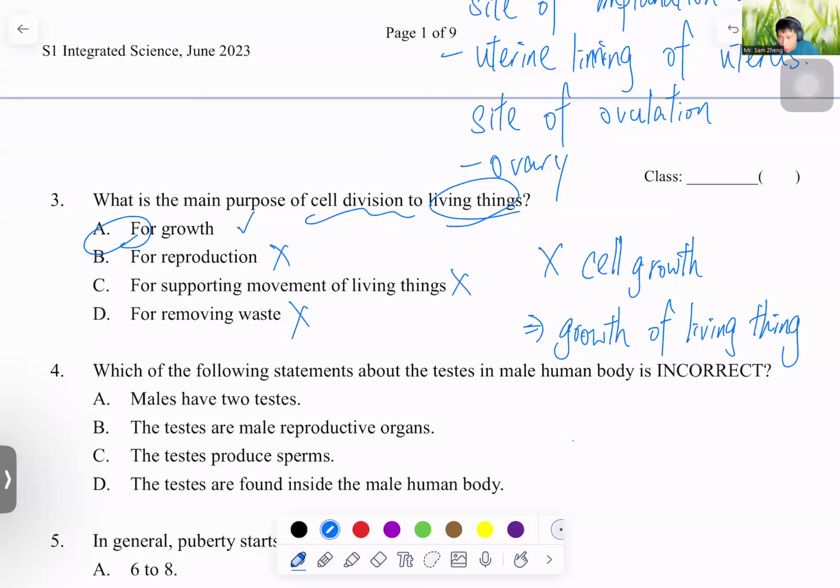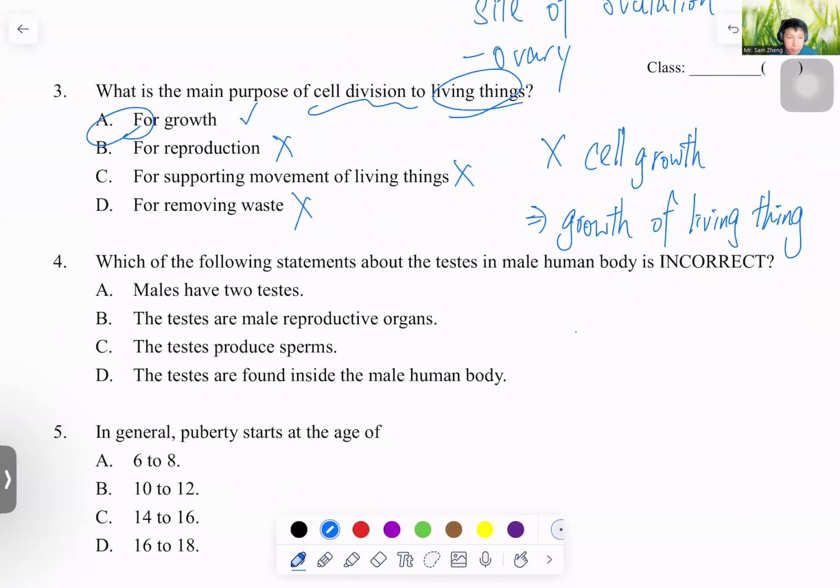The cells will grow, but they will also do cell division. So you need to clearly define whether it is cell growth or cell division. The function of cell division is the growth of the living things. But cell growth is when the cells are large enough for cell division, or they are preparing for cell division. So there are two different concepts, and you need to be aware of it.